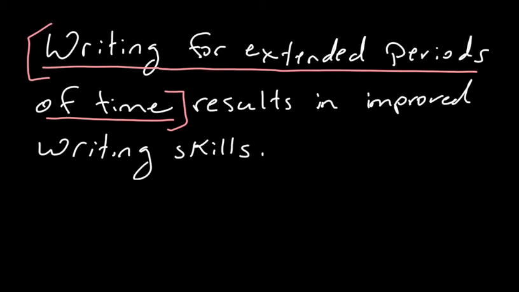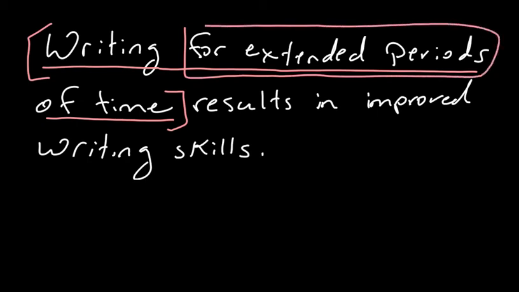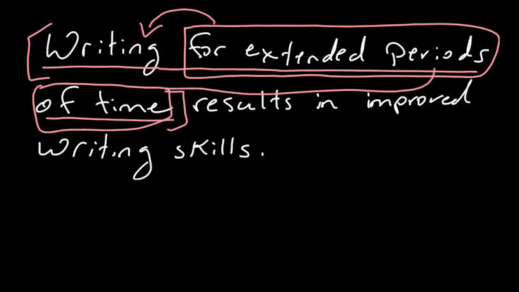The first one is "for extended periods," that functions as an adjective in modifying the gerund writing. And the second one is "of time," that modifies the noun periods. And thus the whole gerund phrase functions as the subject of the sentence.